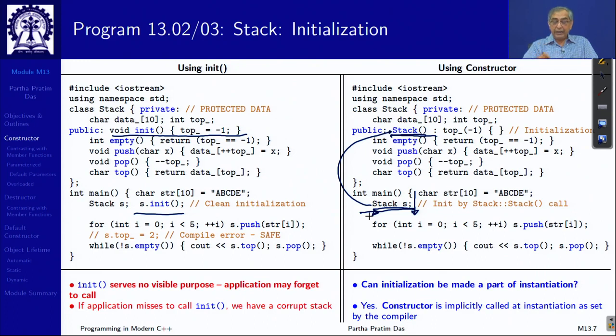So, at the declaration point it puts, which we do not get to see, a call to that constructor. So, if you put all your initialization within the constructor, then it will automatically get constructed. You do not have to do anything. There is no question of forgetting it, no question of doing it multiple times, no question of doing it at a wrong point, everything gets solved, right. So, that is the basic idea of the constructor.